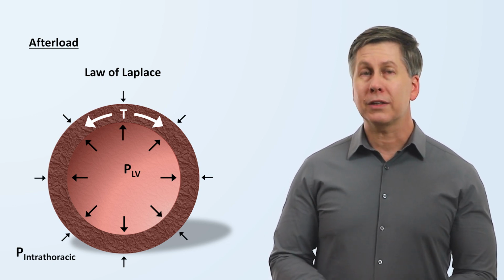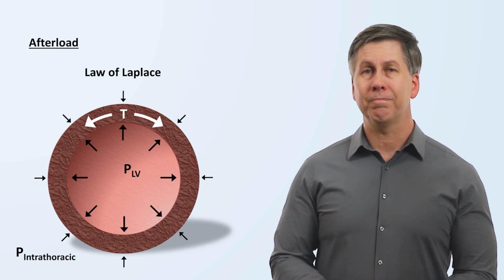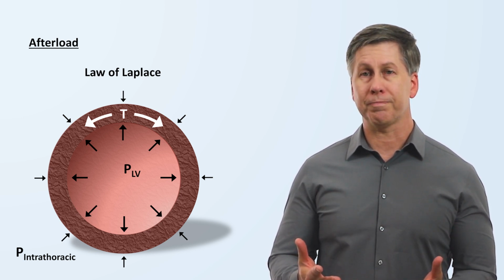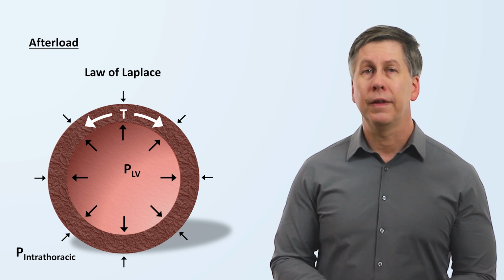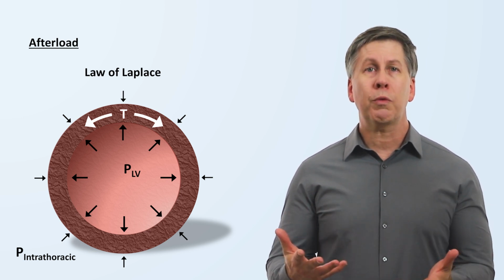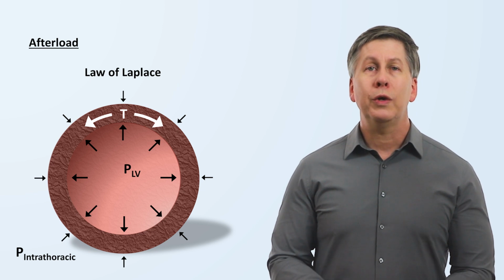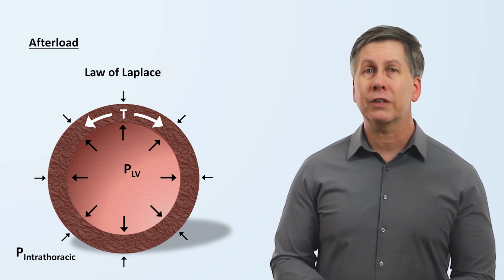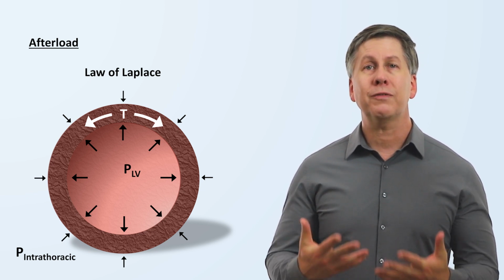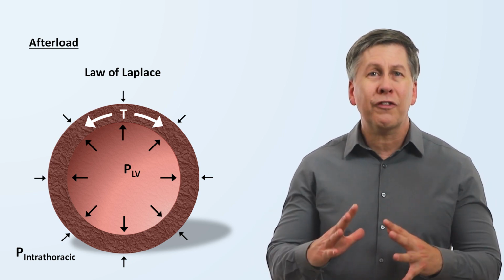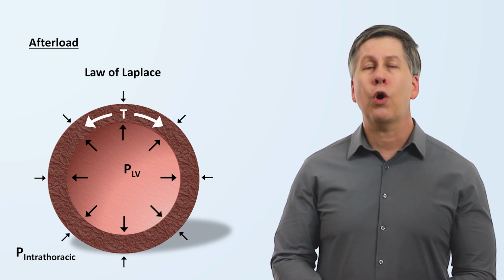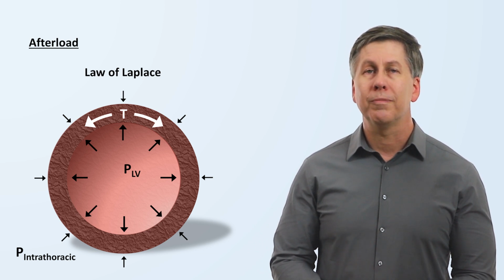Under normal circumstances, the intrathoracic pressure is both small enough to be ignored and is usually negative due to the mechanics of respiration. But as we did when we were discussing preload, you can also imagine a patient on positive pressure ventilation in which that positive intrathoracic pressure is transmitted to the heart, squeezing it a little from the outside, reducing the overall stress felt by the wall.